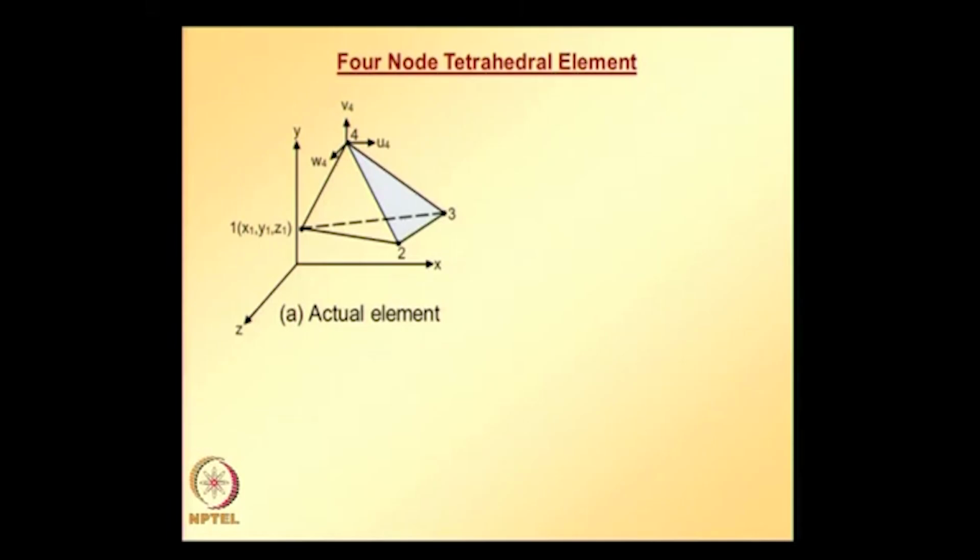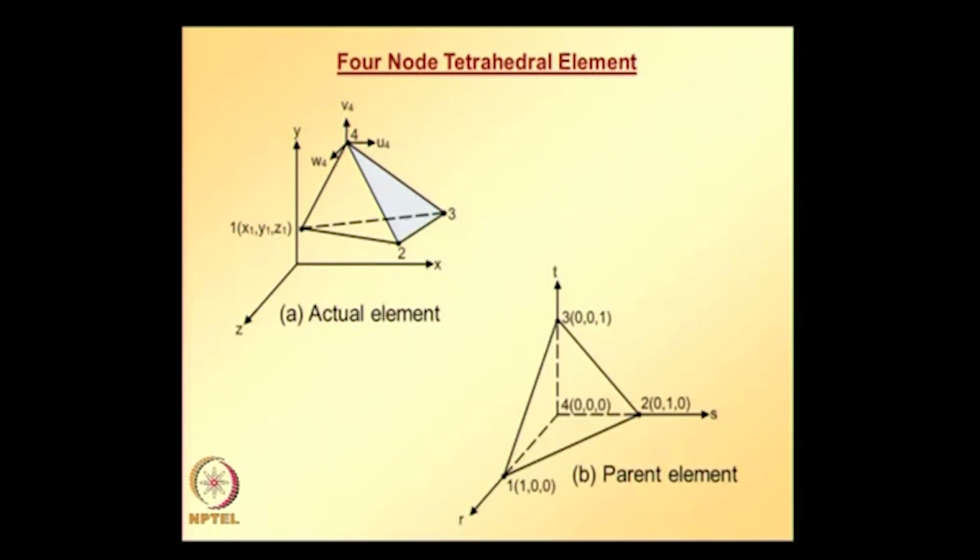So, it is convenient to use isoparametric mapping concept to develop finite element equations in a manner similar to that we already used for triangular elements for 2 dimensional case. So, we need to map this actual element onto a parent element like this. Parent element is shown on the right hand side. The nodal coordinates of all the 4 nodes of parent element are indicated in the figure.